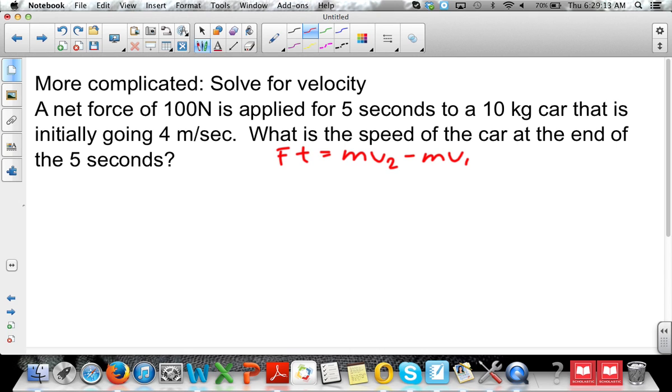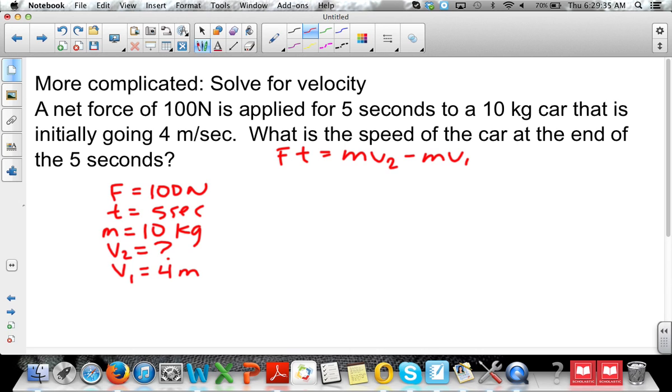Okay. So force, 100 newtons. Time is 5 seconds. And 10 kilograms. V2, that is what I don't know. I'm looking for the speed at the end. V1 is 4 meters per second.